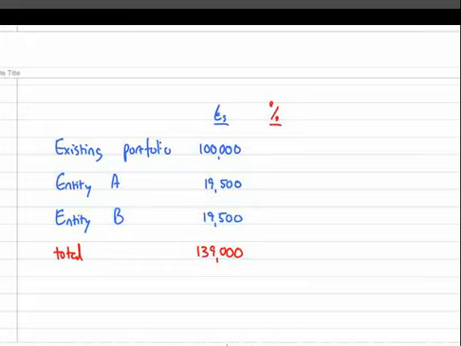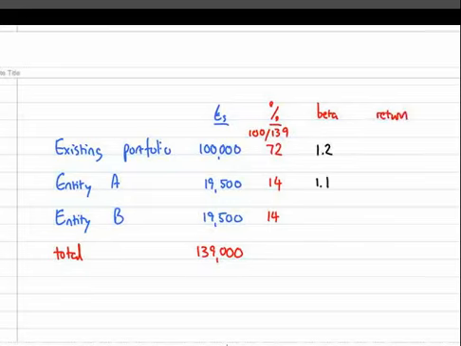So first of all, 100 over 139 is 72% of our portfolio, is in our existing portfolio of £100,000, and then the other 19,500, so 19,500 over 139, gives me 14% of my portfolio in entity A and entity B. Now that I know the weightings, all I need to calculate is the risk as measured by the beta factor and the return. Apply those weightings and I'll have the answer to Part A.